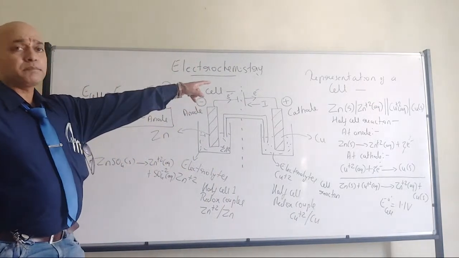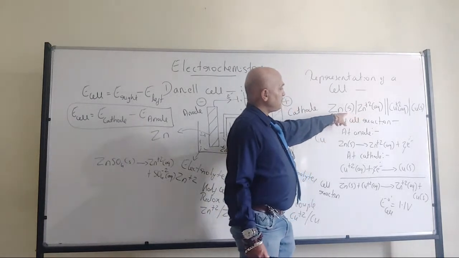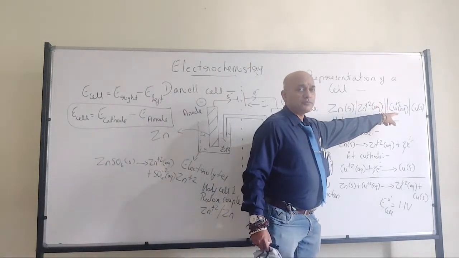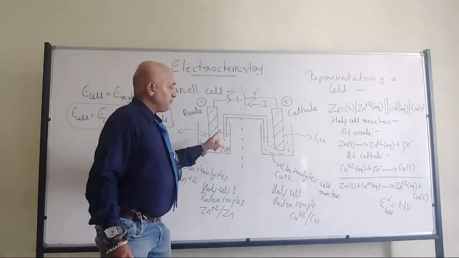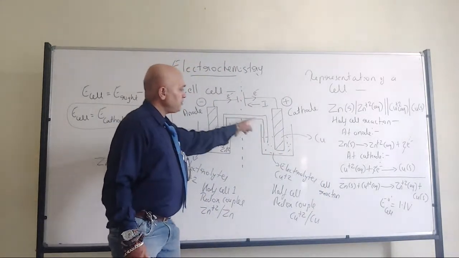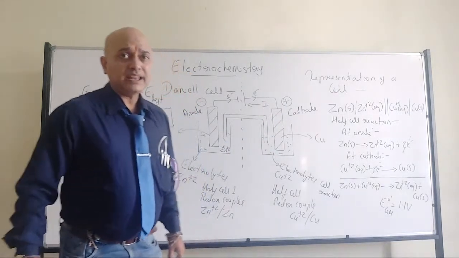That is how the representation of a cell is done, where the anode is written first, then the cathode, because we are moving from the left hand side to the right hand side. Therefore, the cell representation is like that.